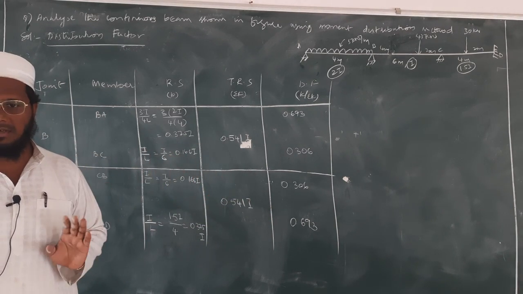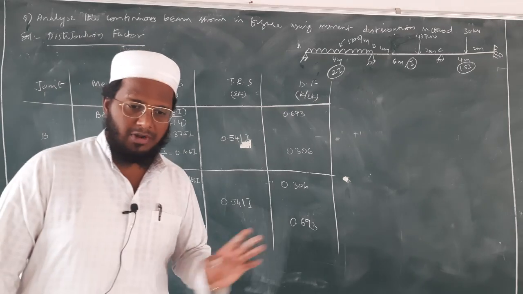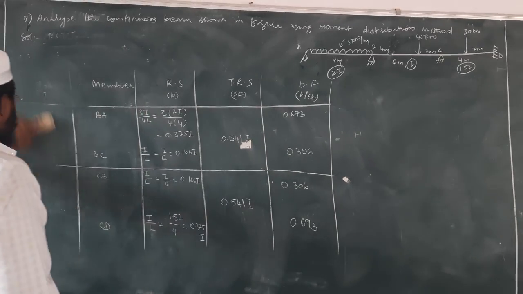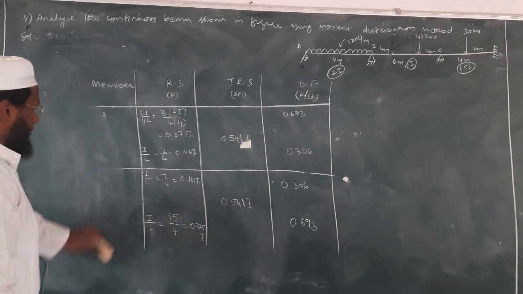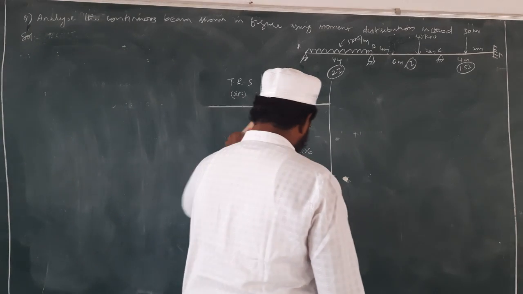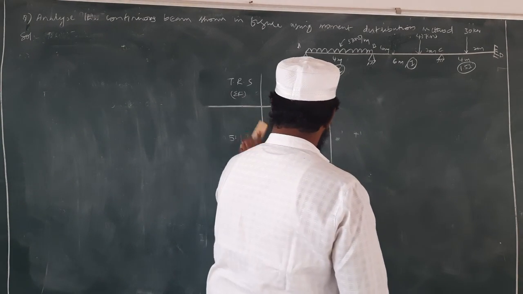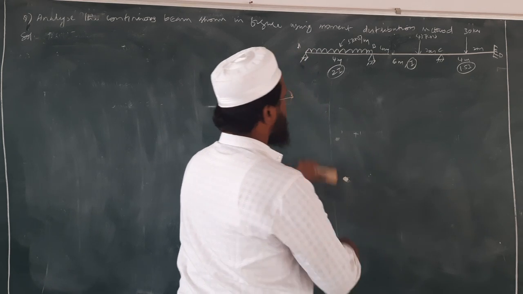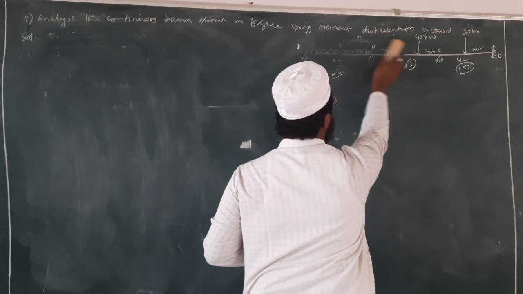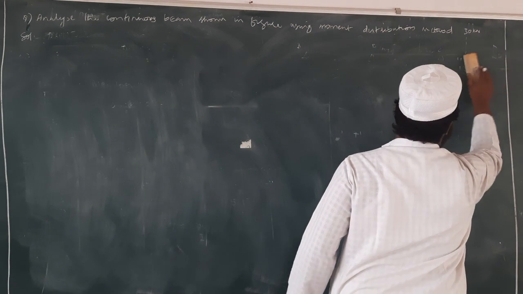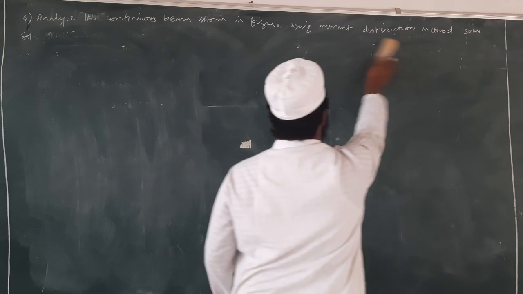Now we will go for the distribution table. Okay. Copy down this one. The moment distribution table is again important. So what I will do, I will remove this beam, okay, because we need the complete board for solving.